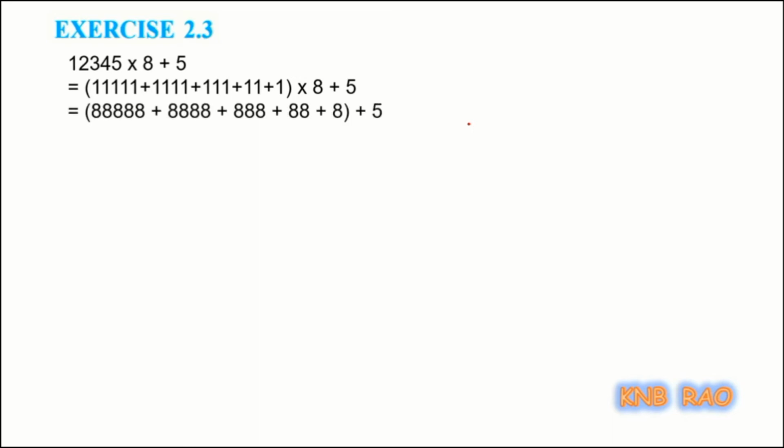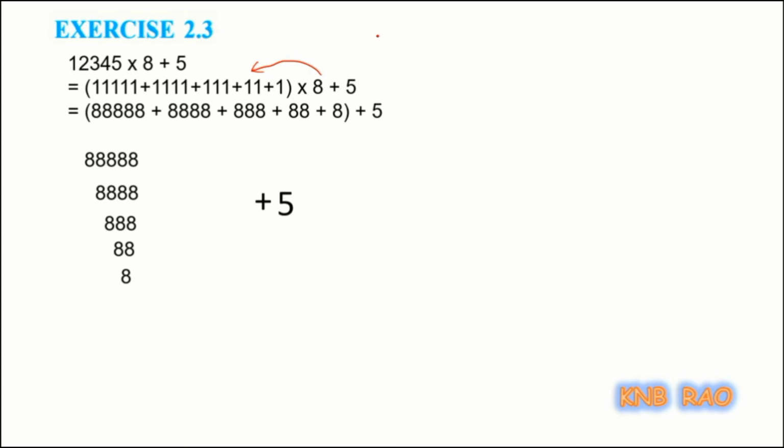Whereas, by distributive property here, we get 88,888 plus 8,888 plus 888 plus 88 plus 8 plus 5. So, we will add these numbers. To their sum, we need to add 5.